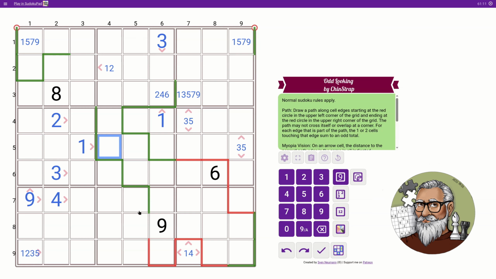I know that this is even. I know that this is odd. Right? Then this one would have to be even. Oh, that's a 6. Oh, wow. I get a digit. That's a 6. This becomes odd.